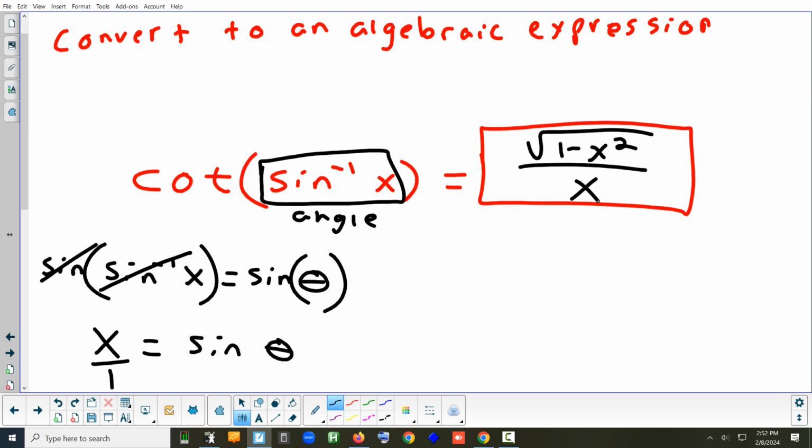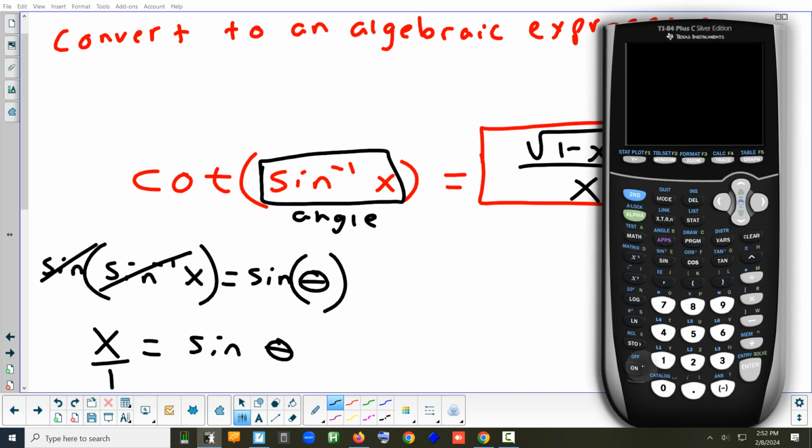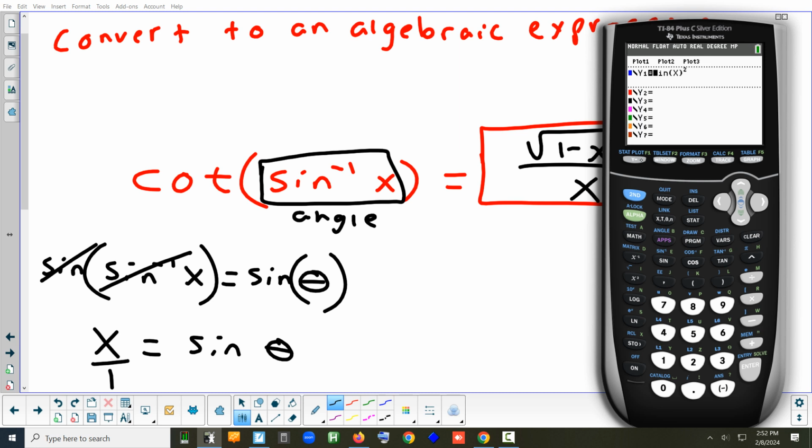You can double check it by putting what's on the left in y1. Cotangent is 1 divided by tangent, so it's the cotangent of the inverse sine of x. Now we got that in y1.